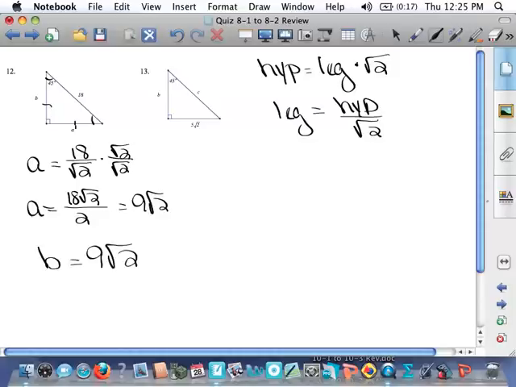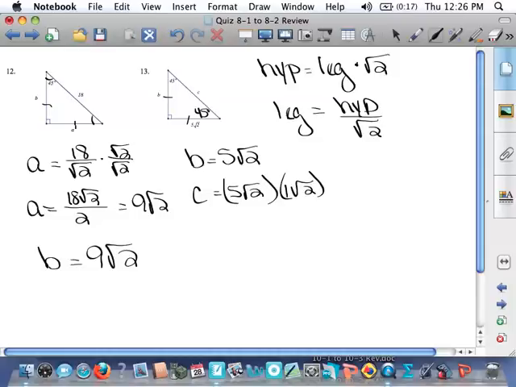In 13, again, I have a 45, 45, 90 right triangle. My legs must be equal, so B is equal to 5 root 2. Go back to your formulas. The hypotenuse C is equal to the leg, 5 square root of 2, times the square root of 2.